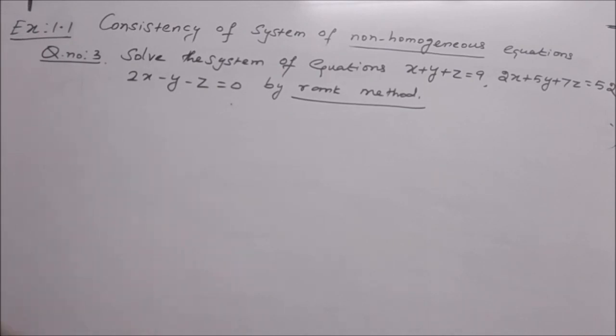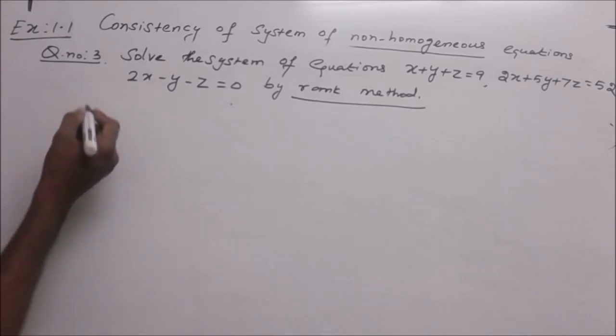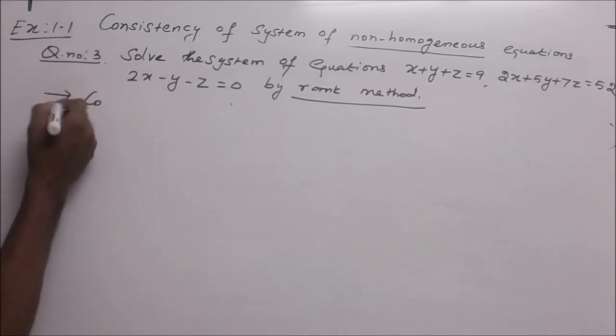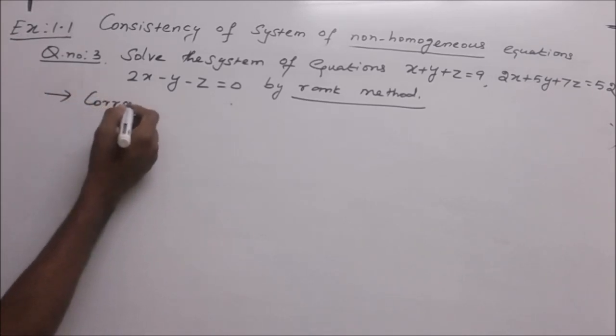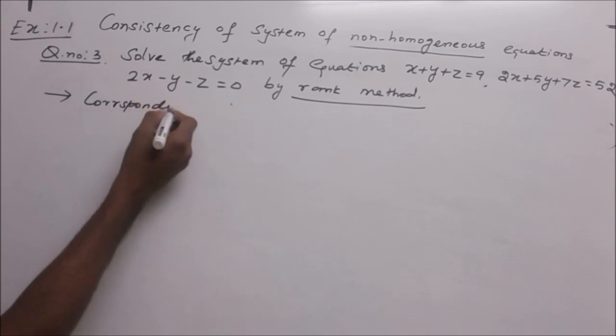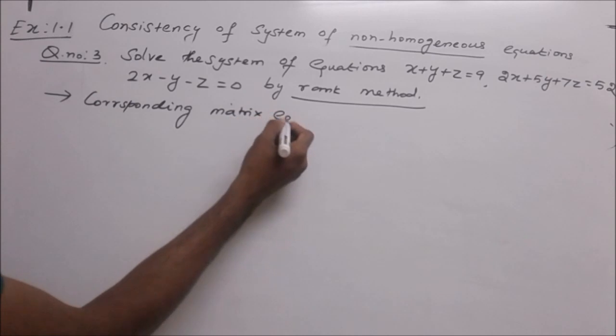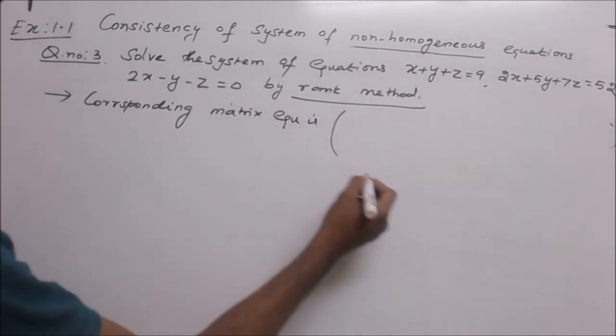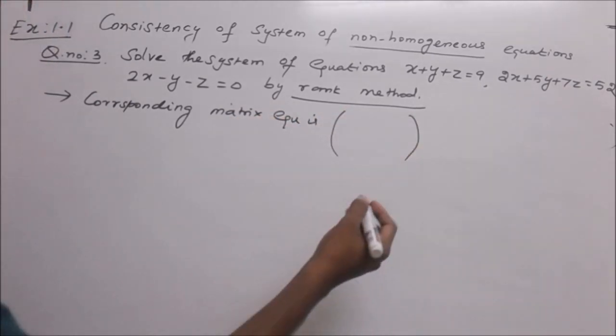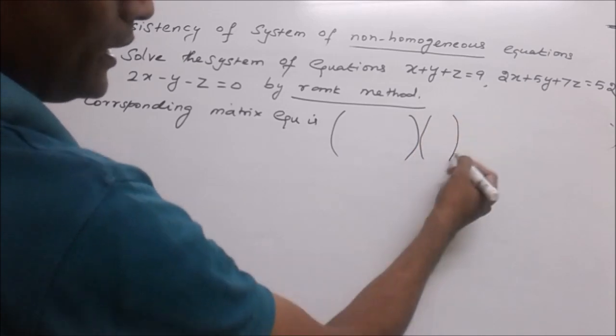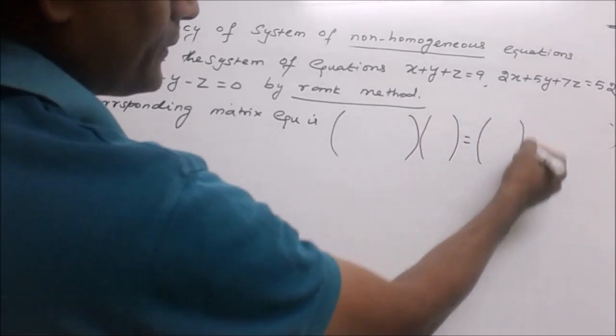First, write the given system of equations into a matrix equation. The corresponding matrix equation is coefficient matrix times variable matrix equal to constant matrix.